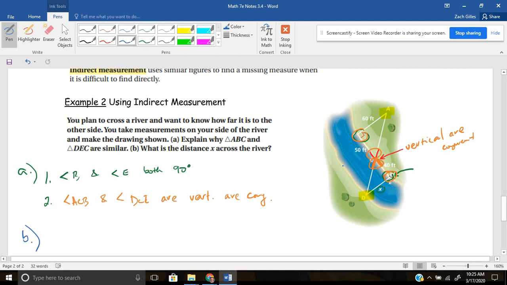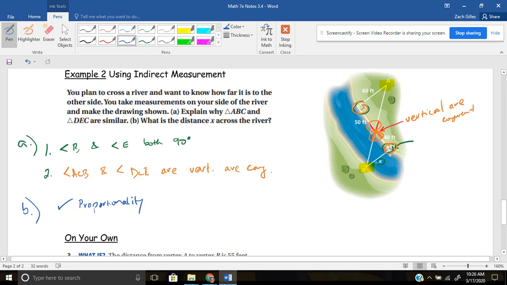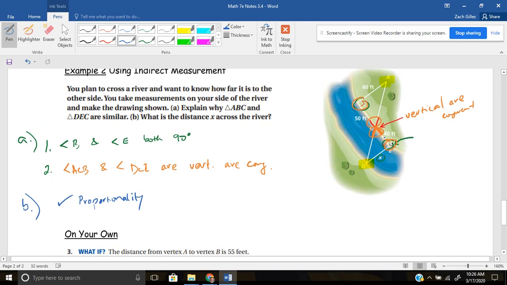Now the other part of being similar is to make sure that they are proportionate to each other. So I'm going to write down first, check proportionality. Let's set up a proportion so that we can figure out this distance.